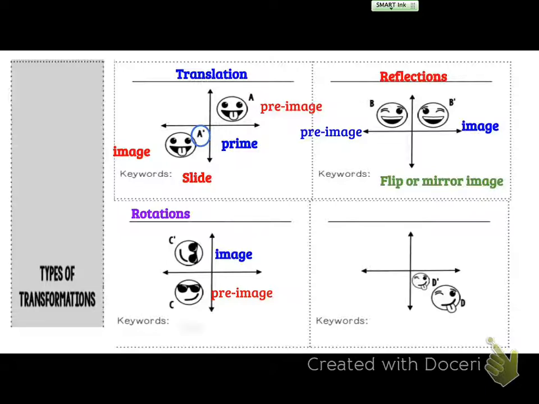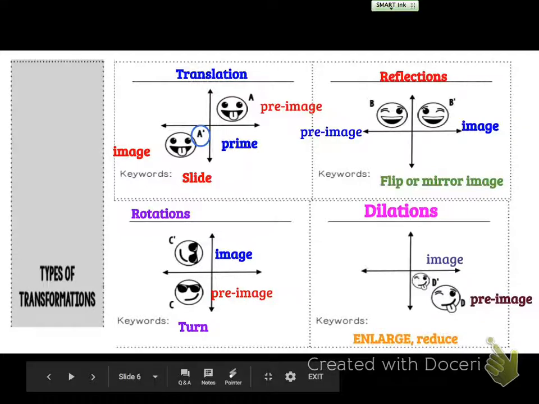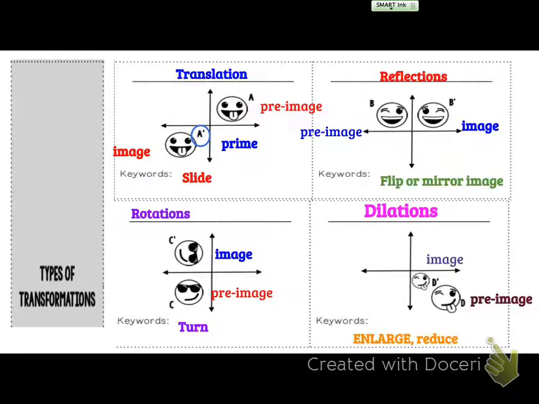The next one is called dilations. We have our pre-image and our image, and a dilation is either an enlargement or a reduction. I've got another slide that shows you real world images of all of these things.